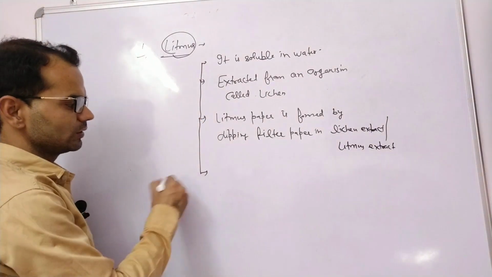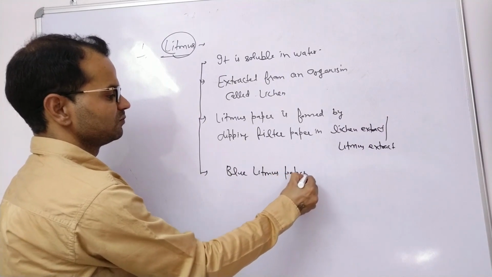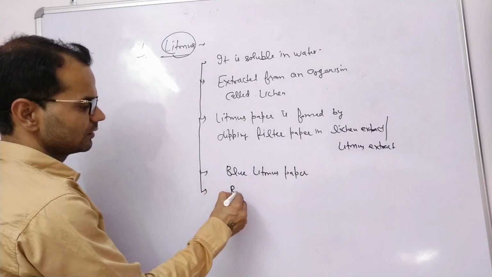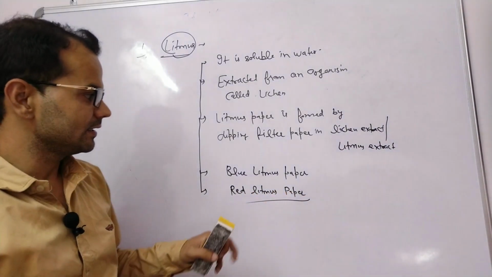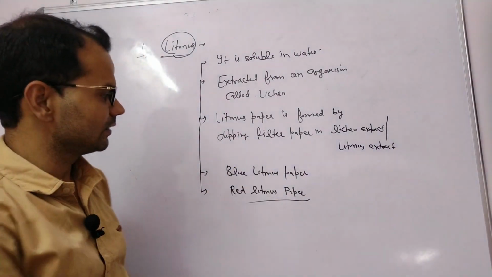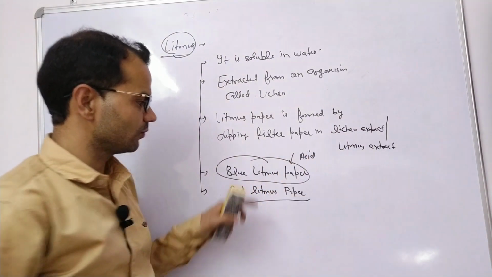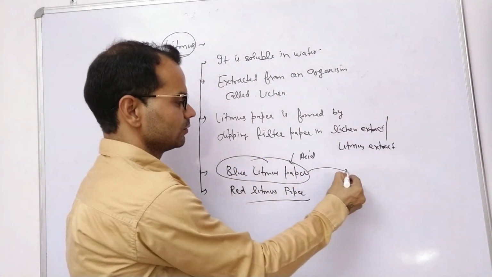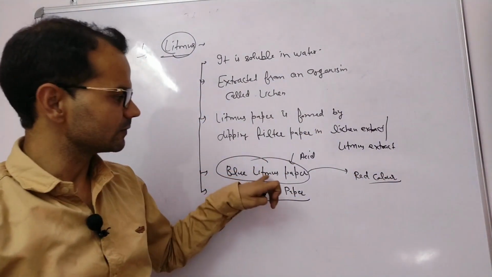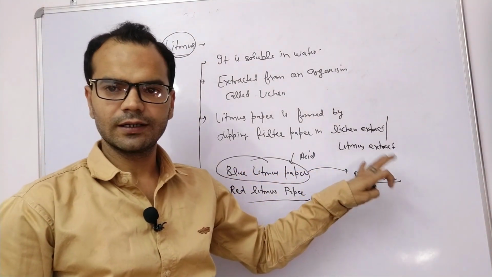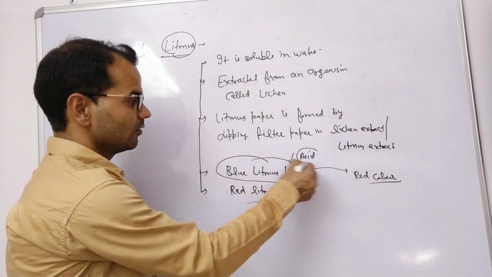Generally, we have a blue litmus paper, and second is a red litmus paper. If we add few drops of acid on blue litmus paper, it will convert into red color. So acid has an impact on blue litmus paper: blue litmus paper will change to red color.